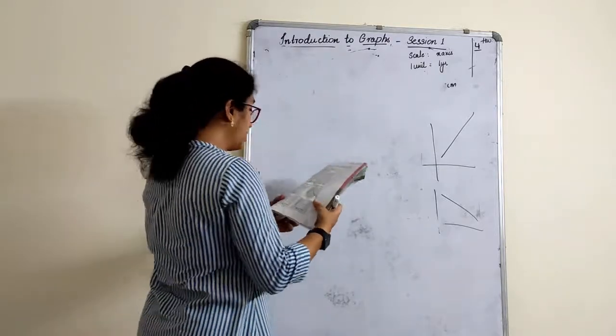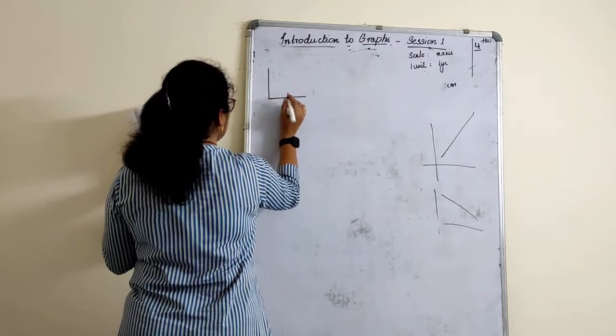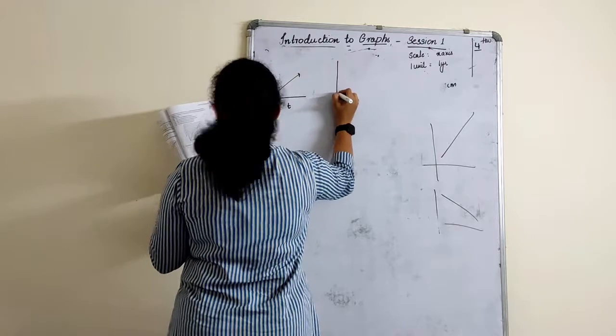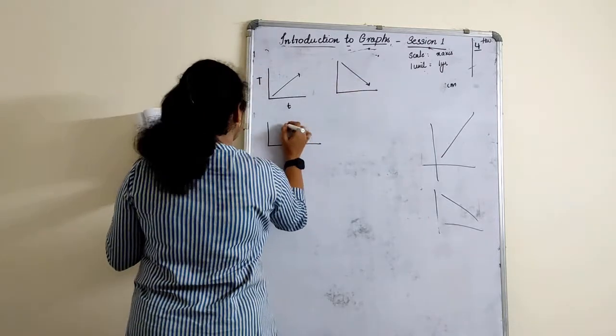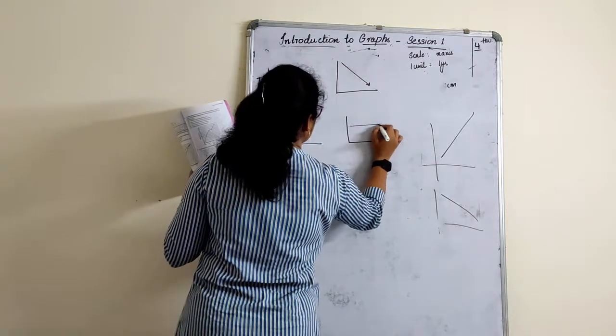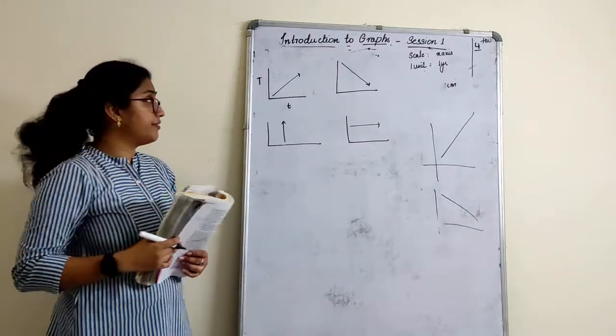Now, look at the 4 graphs that they have given. This is time and this is temperature, right? One is this, second is this, third is this, and fourth is this. Which according to you could be a temperature graph?